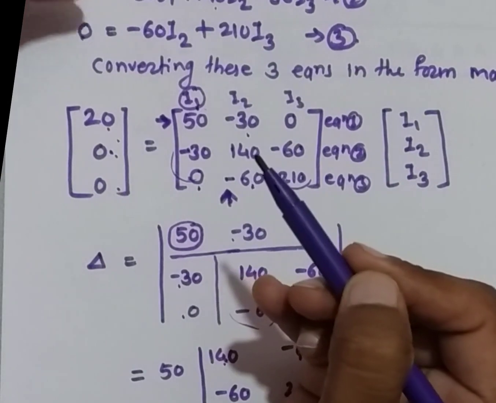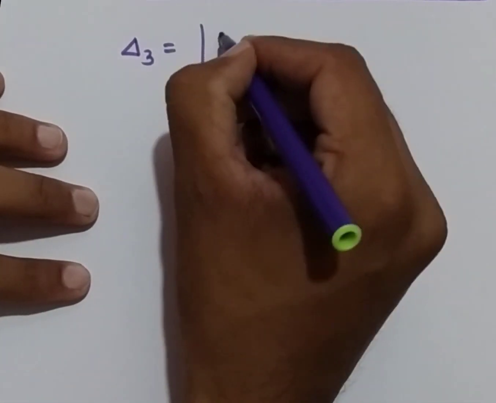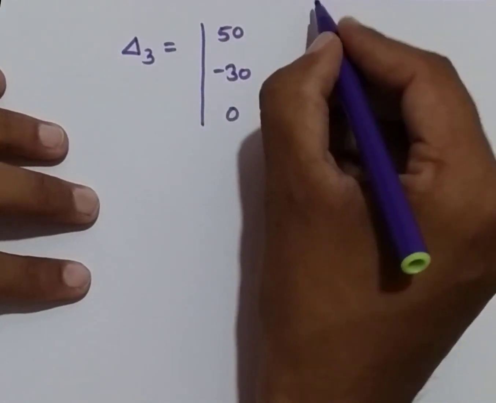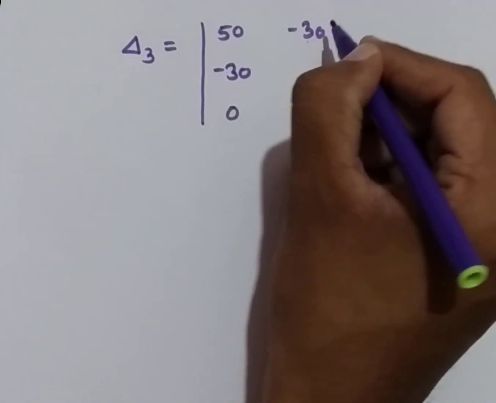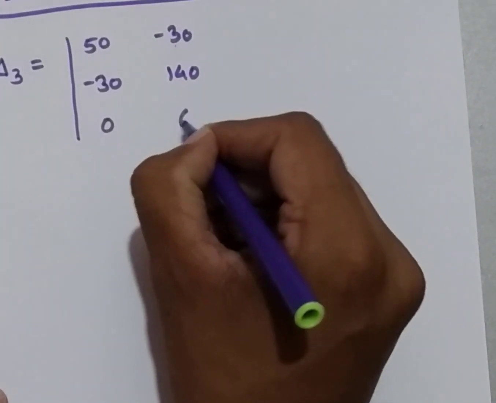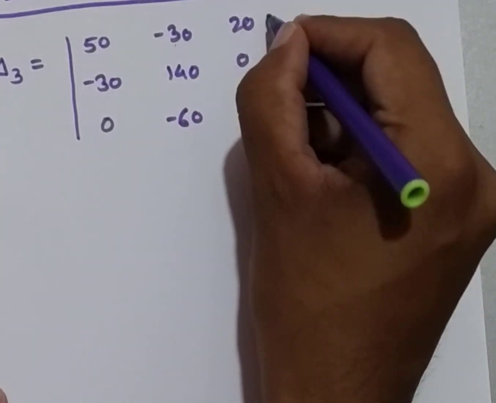So let us write the determinant: 50, minus 30, 0, minus 30, 140, minus 60, then 20, 0, 0.